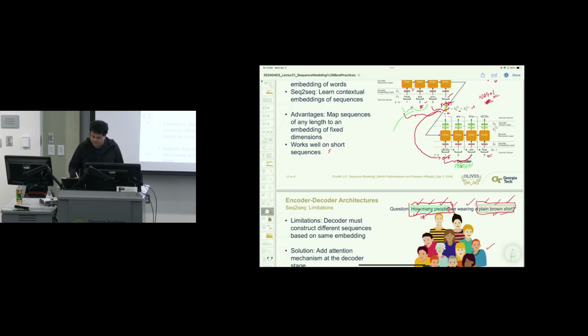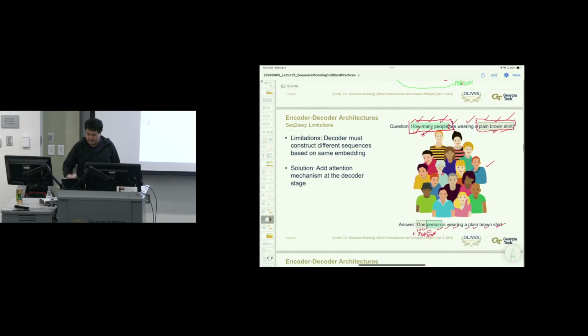How many people? The first few encoders need to help you decide what the second word is going to be. In other words, the attention for my first decoder is based on a part of my input, which is there at the very end. So plain brown shirt needs to basically go through and say that the answer is 1.